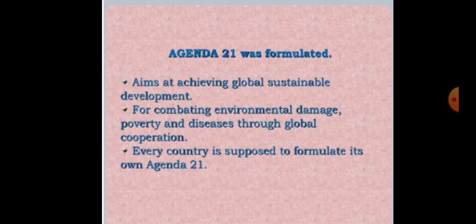Every country is supposed to formulate its own Agenda 21. The local governments have been entrusted with the responsibility to take the 21 most prioritized problems, focus on them, make agenda points and implement them to have sustainable development.